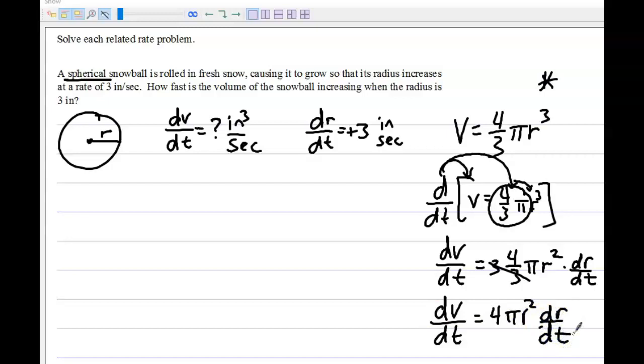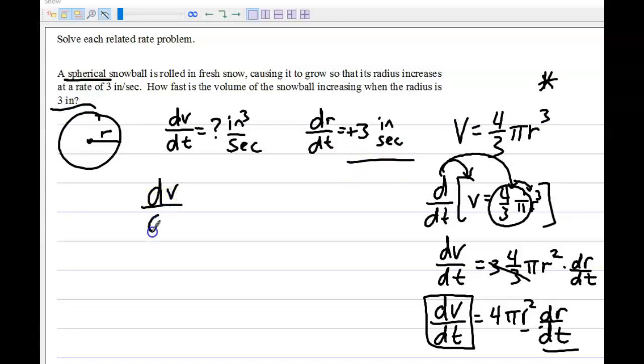And now we're ready to start plugging stuff in. So I want to find out what this is, and to do that I need to have two things. I need r and I need dr/dt, both of which we have. We want to find how fast the volume is increasing when the radius is 3, so that's what I'm plugging in for r. And we also need to plug in the dr/dt, which is also 3.